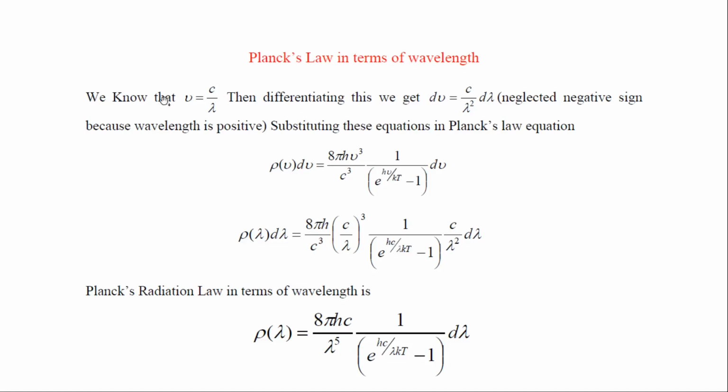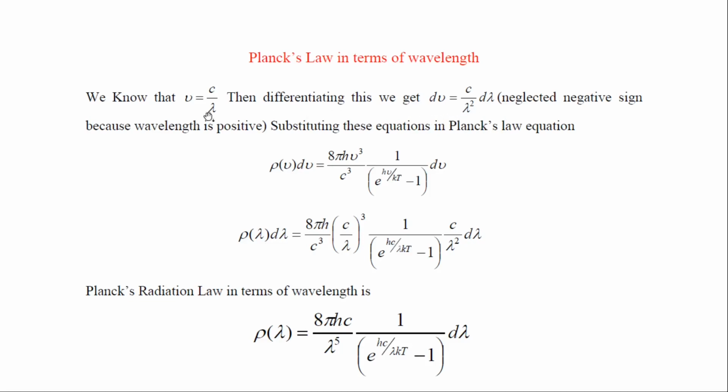By differentiating nu is equal to c by lambda, we will get d nu is equal to c, which is constant, we will keep it as it is. 1 by lambda is variable, then if we differentiate this, we will get minus 1 by lambda square into d lambda. Here I have neglected the negative sign because wavelength is positive since it is having dimensions of length.